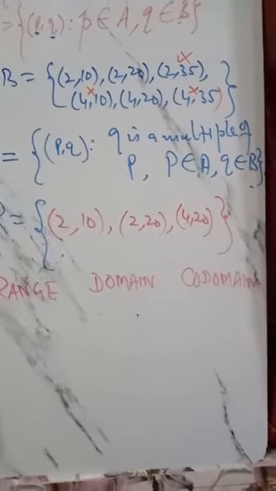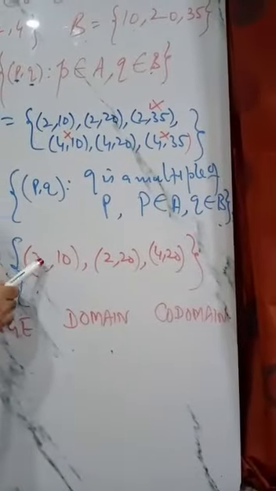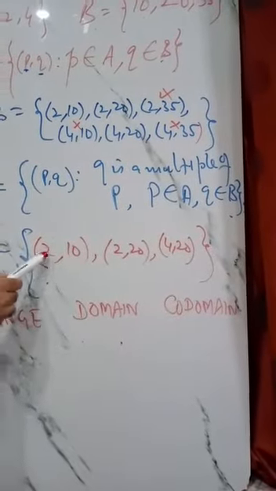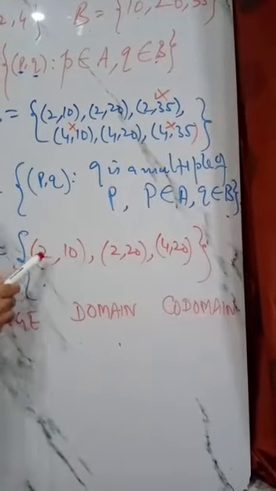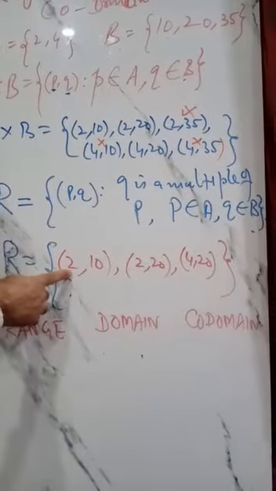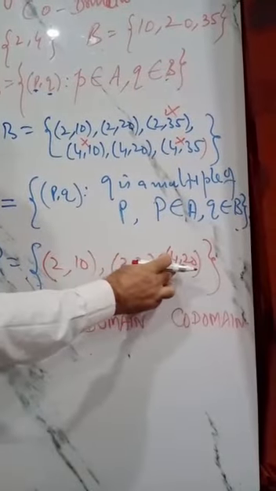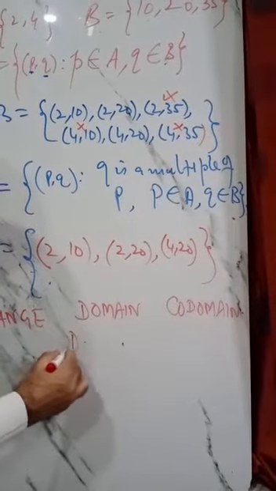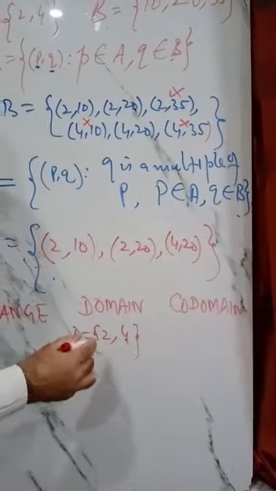First you must understand that domain is the set of all the first elements in the ordered pairs of a relation. The first elements are 2, 2 and 4. Therefore the domain is {2, 4}.